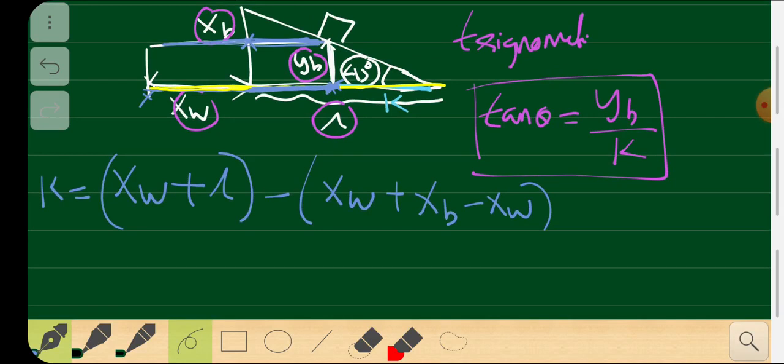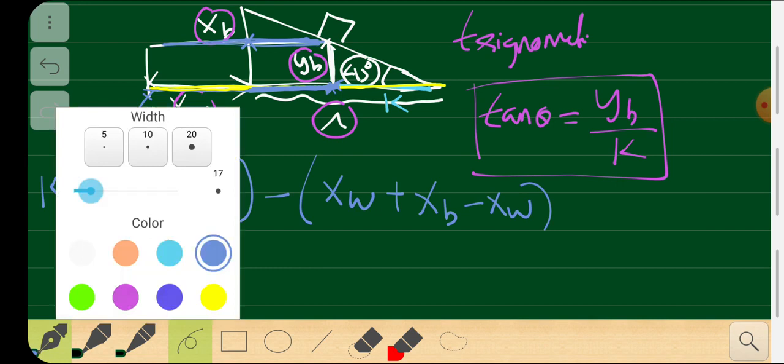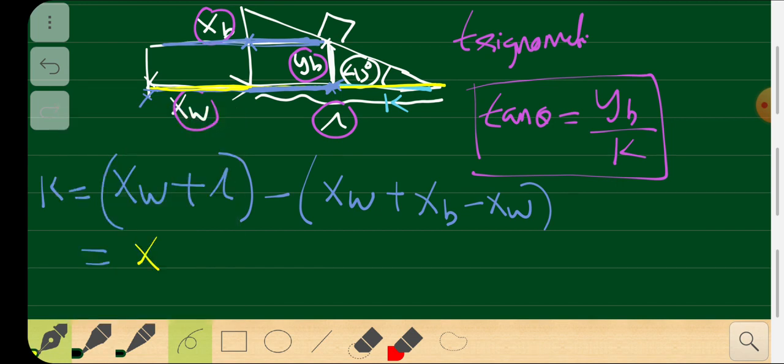Now let's simplify this. We don't want this much complicated thing, so it will be xw plus l minus xw minus xb plus xw.